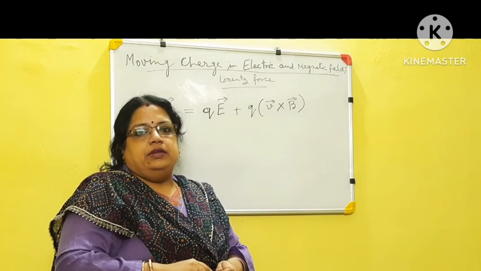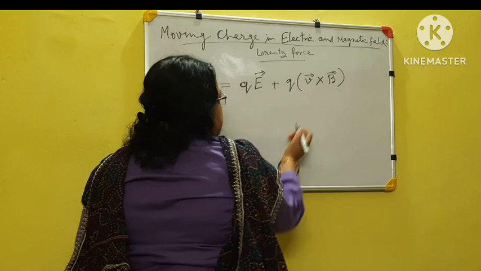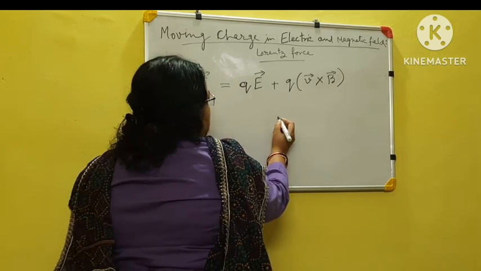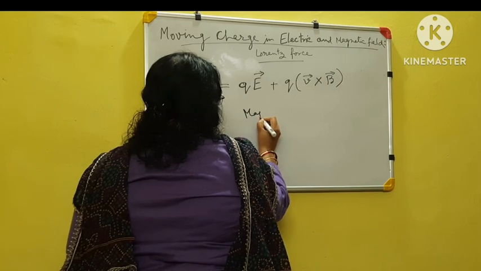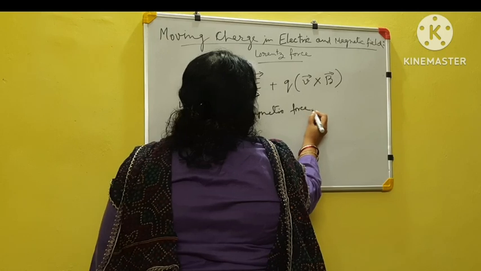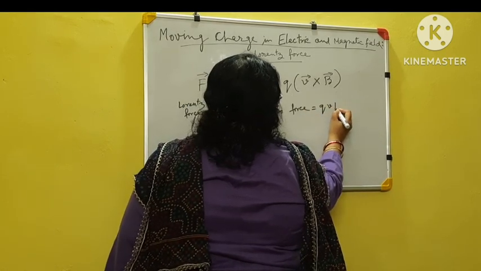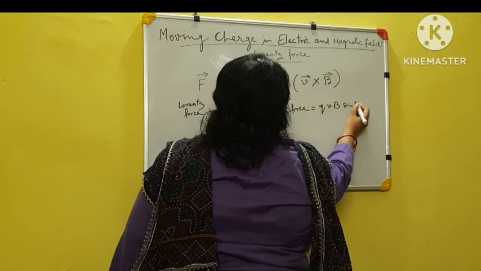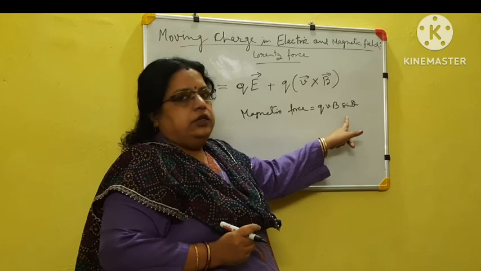It is named after the scientist Lorentz, who first observed it experimentally. As you know, that is the cross product. Cross product means we can say the magnetic force is equal to QVB sin theta.